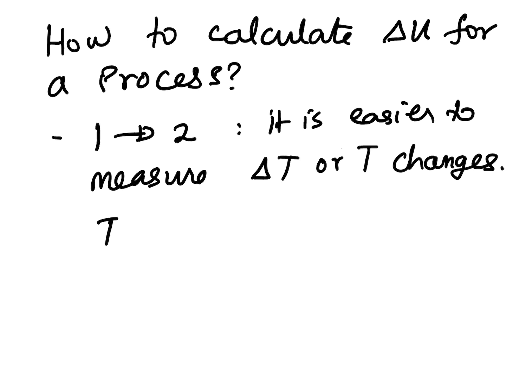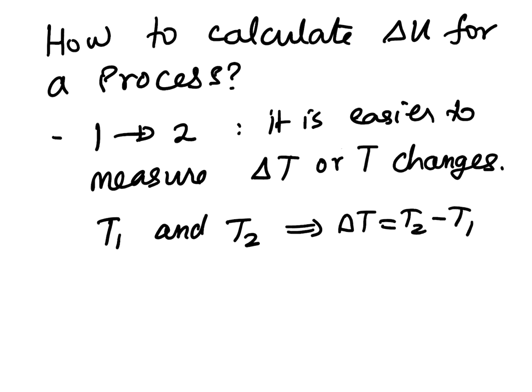So you can measure T1 and T2, and that will give you delta T, which is T2 minus T1.